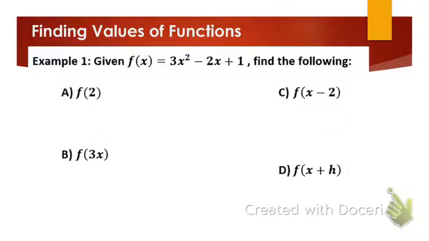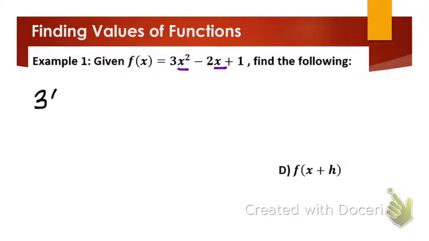So now we can do the last one, which is D. For D, we're putting in an x plus h. So we have 3 times something squared minus 2 times something plus 1.